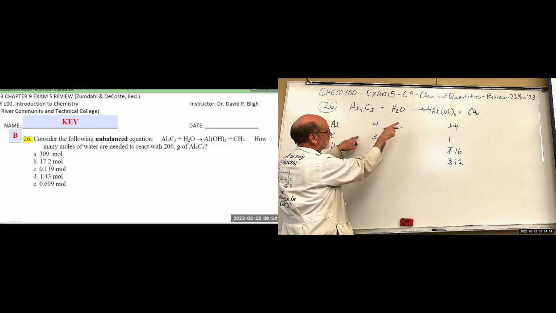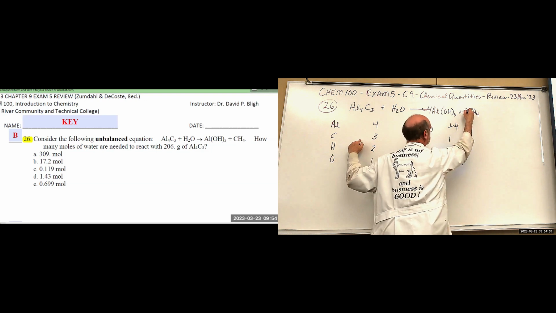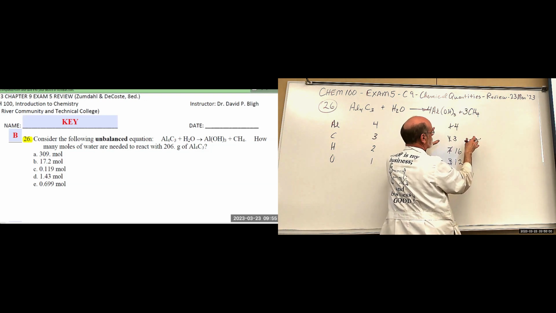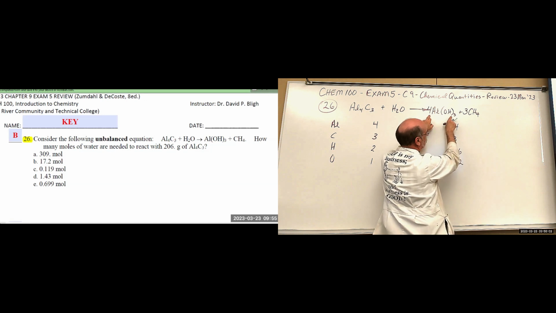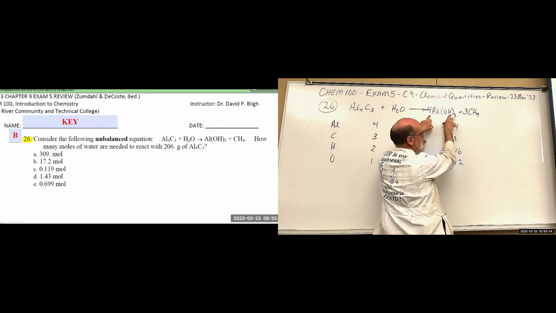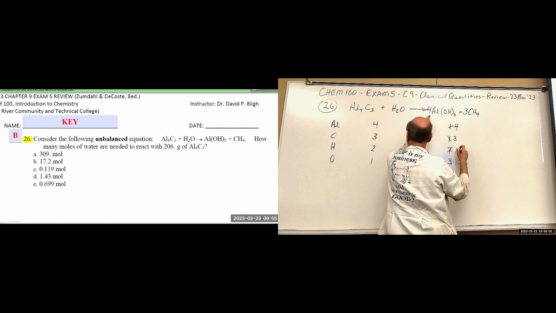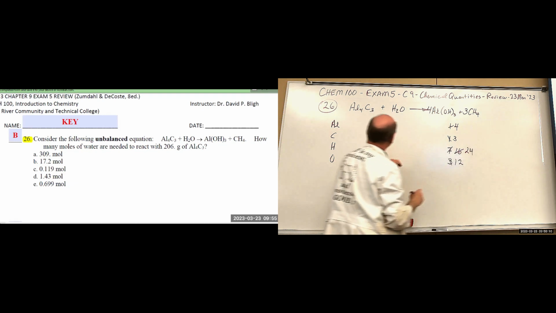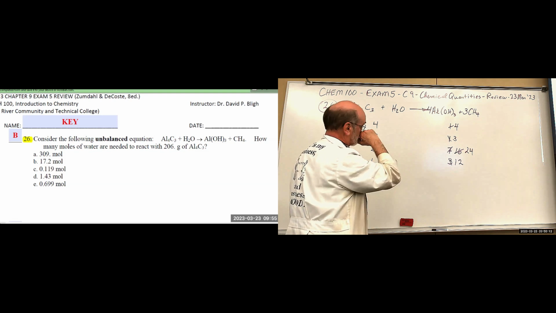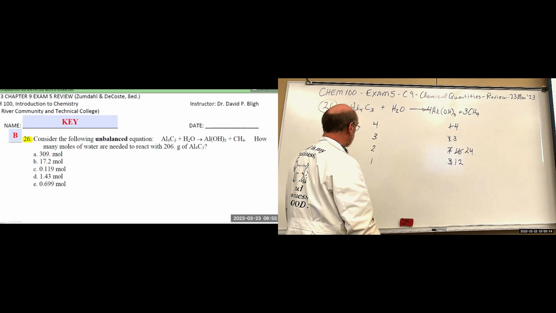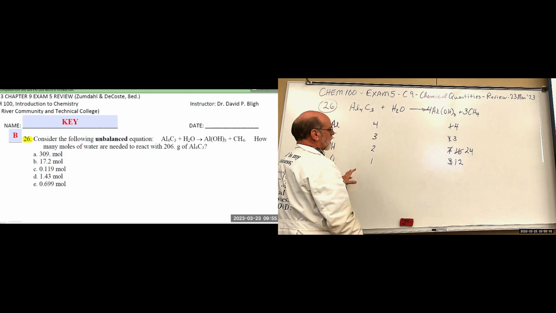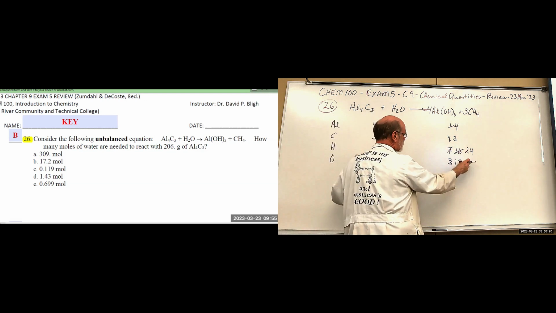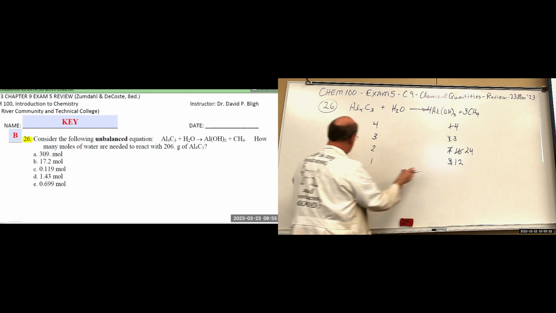Now we need 3 carbons on this side. Right? So that gives us 3, but that changes hydrogens again. So 4 times 3 is 12 hydrogen, and 3 times 4 is 12. So we have 24 hydrogens. Now we have 24 hydrogens and 12 oxygens.